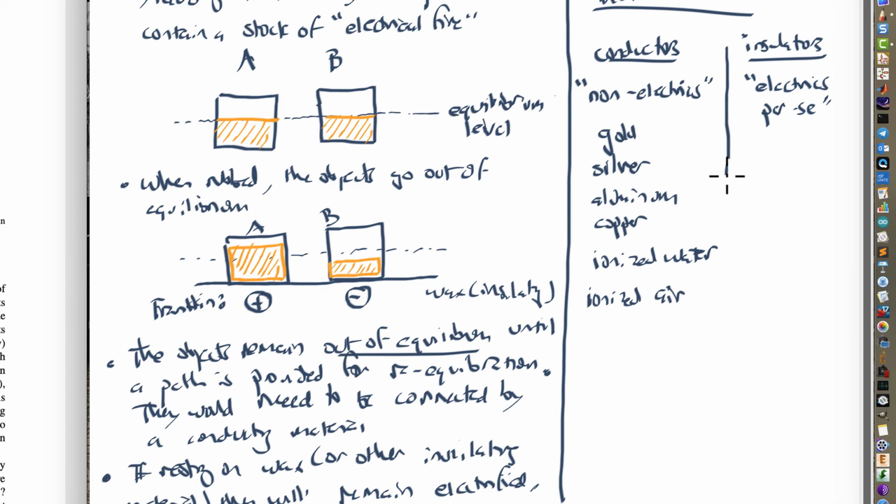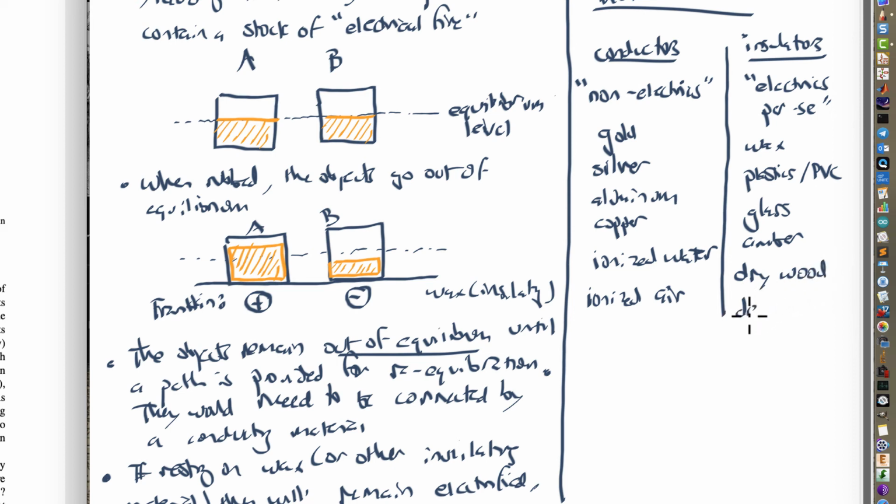On the other hand, insulators would be things like wax or plastics, resins, plastics like PVC, things like that. Glass is an insulator. Amber is an insulator. Gemstones are insulators. He uses dry wood as an insulator.